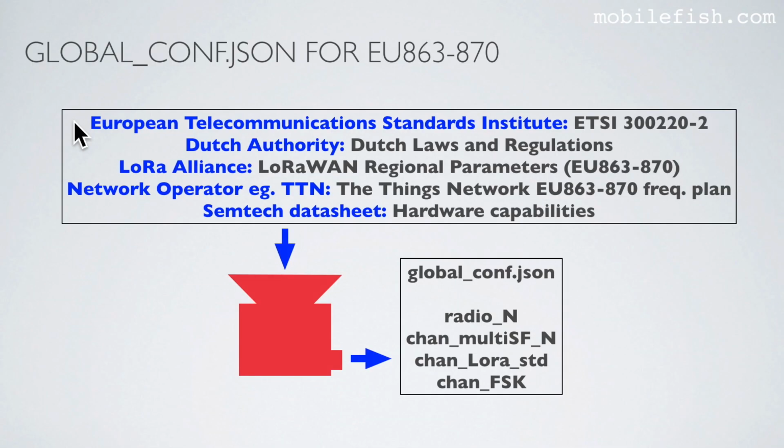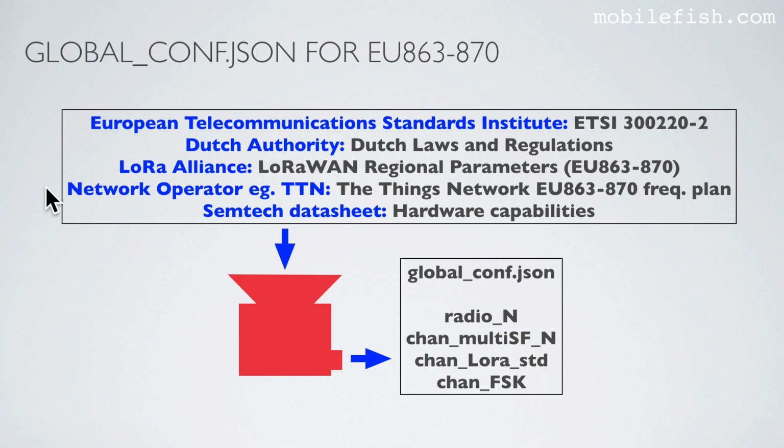So what have we learned? Well, for the ISM band 863 to 870 MHz, the European Telecommunications Standards Institute issued standards, in this case the ETSI 300220 standard. The Dutch authority also issued Dutch laws and regulations with regard to this ISM band. The same applies to the LoRa Alliance. Their standards can be found in the LoRaWAN Regional Parameters document.